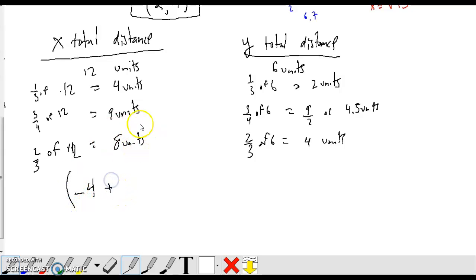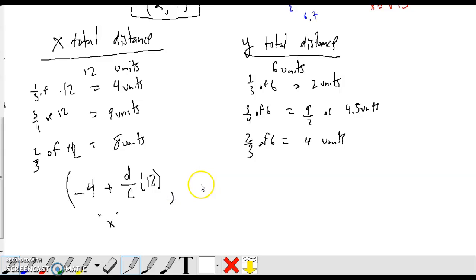And then I'm always adding this value. So how do I get this value? I take the 2/3, or the 3/4, or the 1/3. I have a new fraction. It's just D over C, and I'm multiplying that by 12, right? So that's to find my x-coordinate.